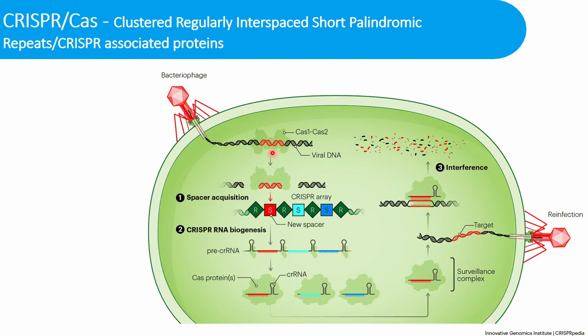And then these cut parts could integrate into the CRISPR locus. When a previously encountered virus injects its DNA again, a CRISPR RNA, or crRNA or guide RNA or gRNA, is produced. And then this can attach to the Cas protein, and then this complex could recognize the target parts of the viral DNA and then chop it up.